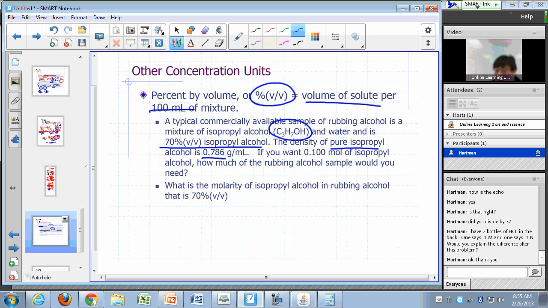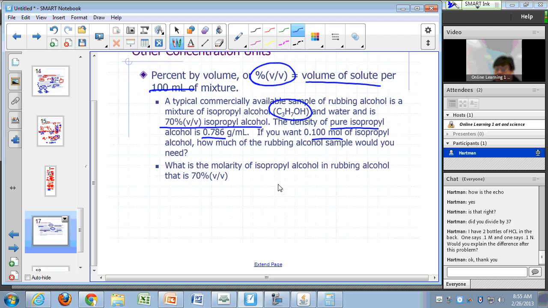Let's say you wanted 0.1 moles of isopropyl alcohol. How much of the rubbing alcohol sample would you need? Well, what's our strategy here? You have 0.1 moles. You have to change it to grams, and for that you need the molar mass.